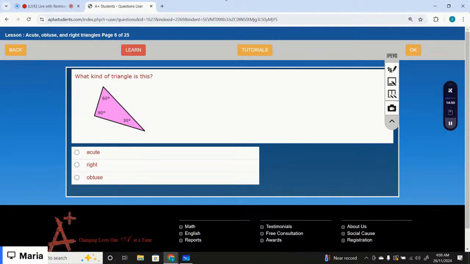What kind of triangle is this? 60 degree, 30 degree, and 90 degrees.